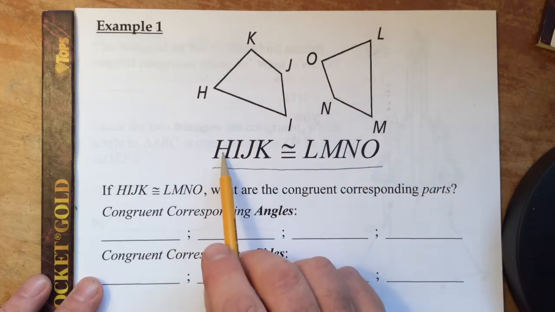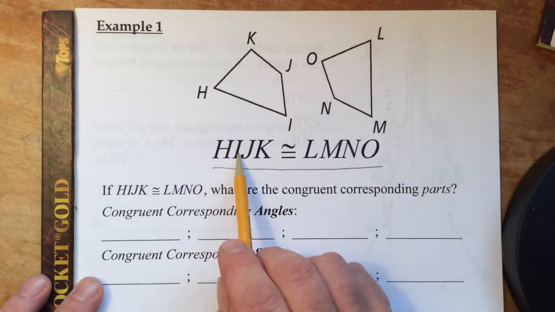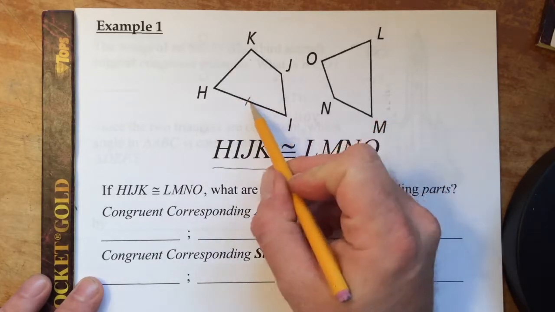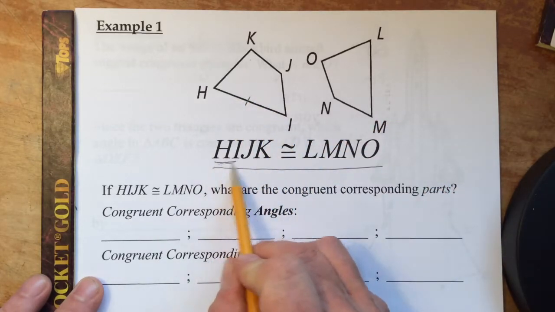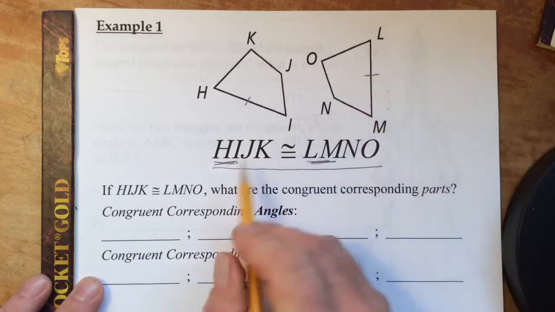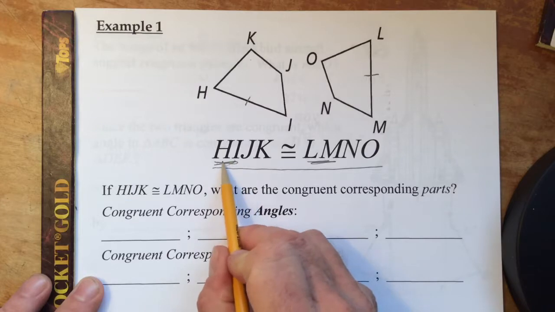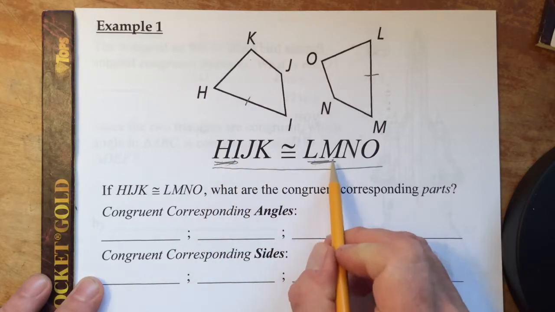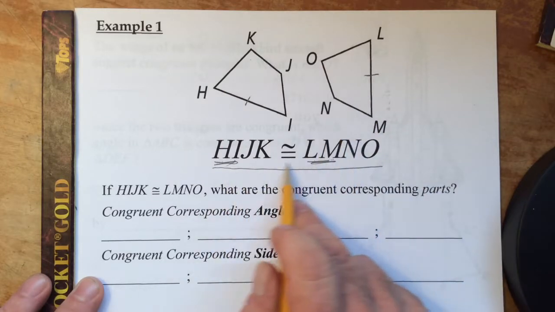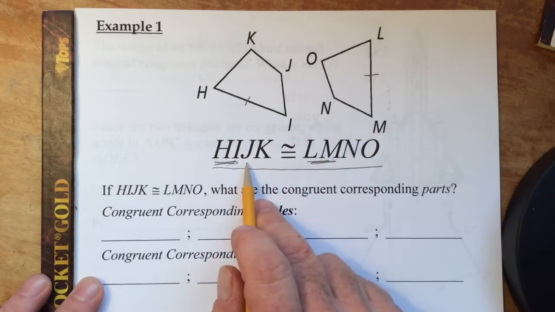For instance, side HI right here is corresponding to side LM over here because it's listed in the first and second position of the name. So when figures are turned about like this, it can be really useful if you have the statement.